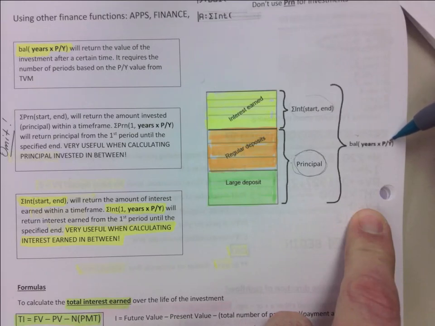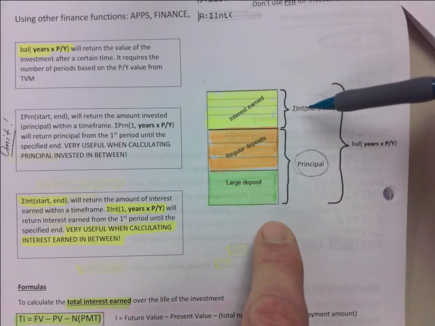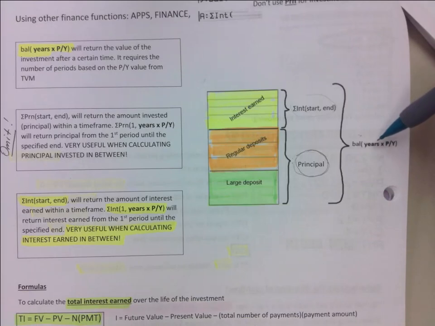So that's what balance does. It figures out the money you've put in and the interest you've earned is this much money. It could be the entire investment. So let's say it's a 10-year investment, then you would go 10 times PY. Or you could just say, how much money would you have 3 years into your investment? It'd be 3 times PY.